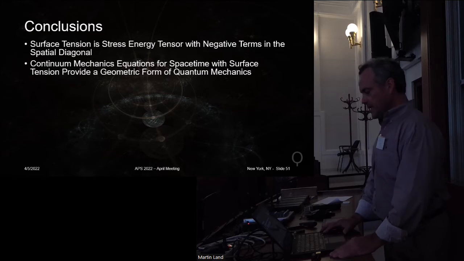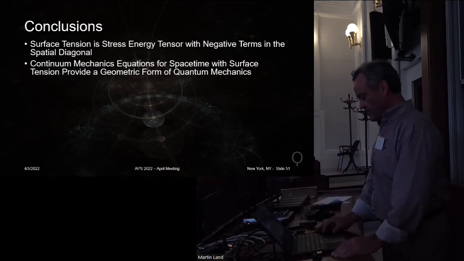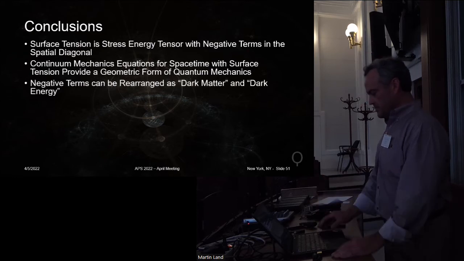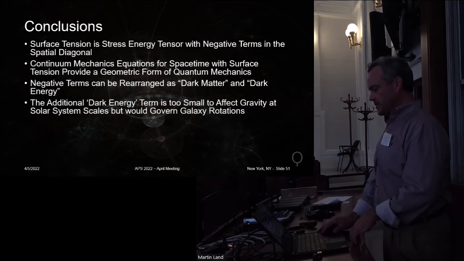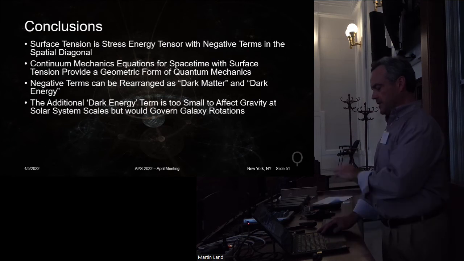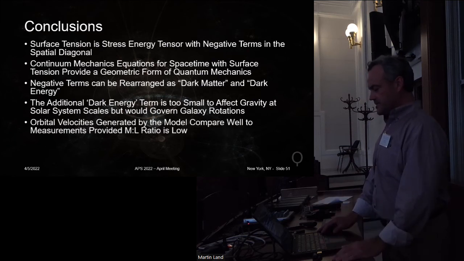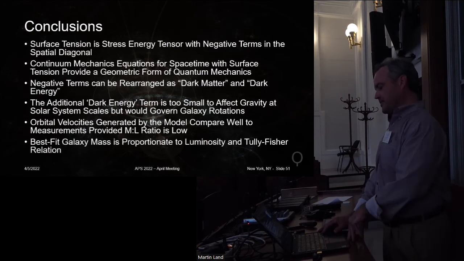Continuum mechanics equations for space-time with surface tension give us a geometric form of quantum mechanics. You can also rearrange these terms to look like dark matter and dark energy on a cosmological scale. Our additional dark energy terms are too small to affect gravity at solar system scales, but will completely govern galaxy rotations. It gives us very low mass to light ratios right now, but the best fit mass to light ratios happen to be proportionate to the square root of luminosity and give us the Tully-Fisher relation.